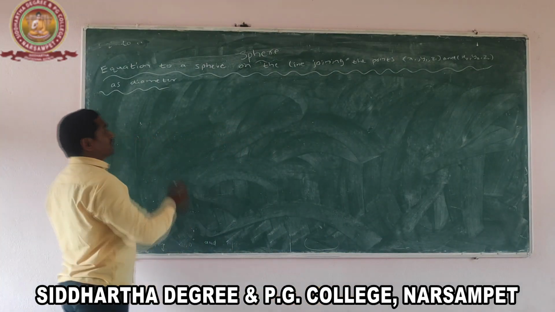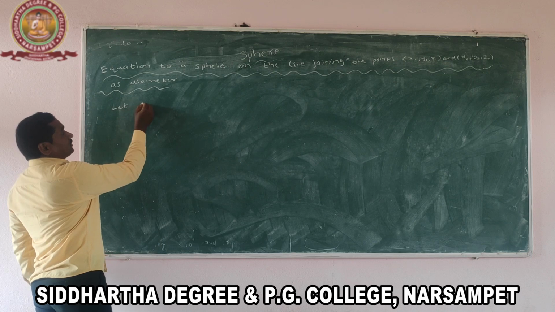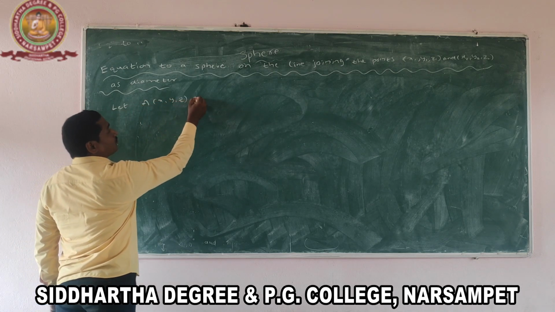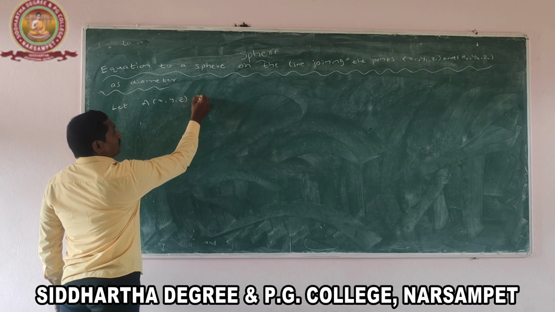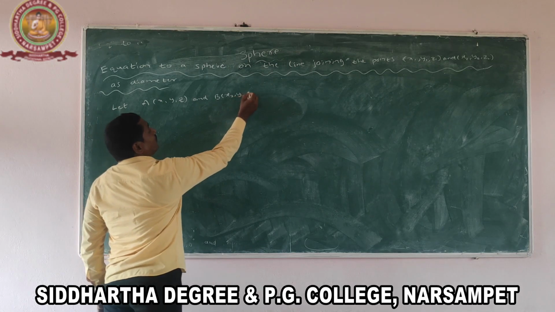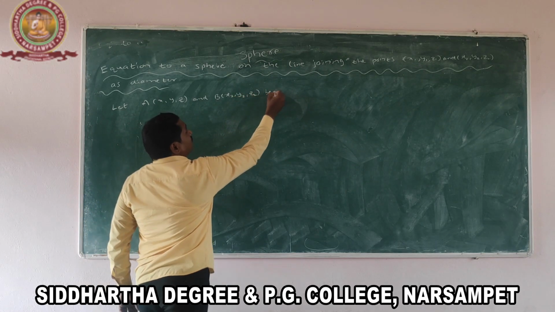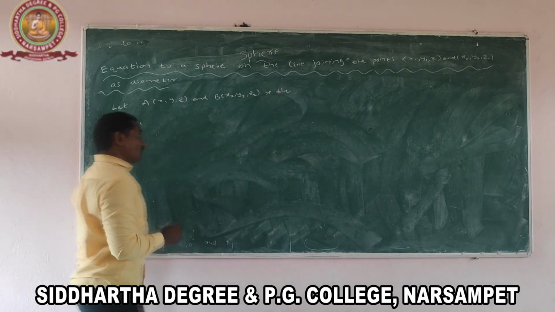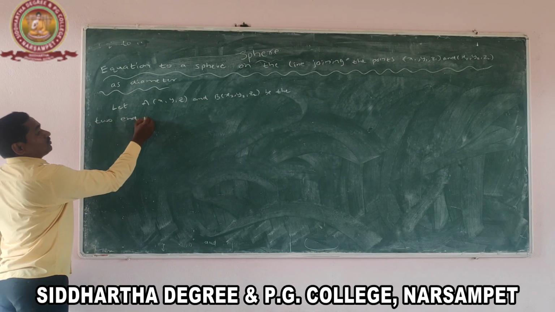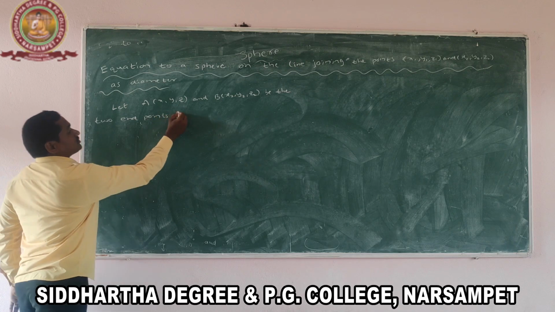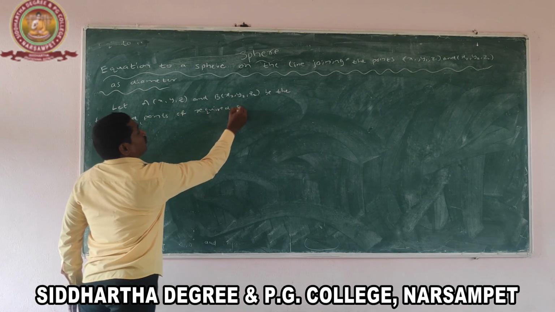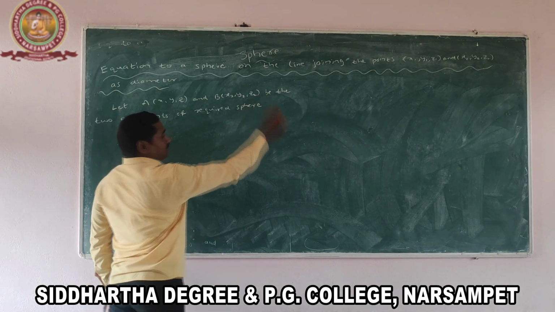So now let us take A as x1, y1, z1 and B as x2, y2, z2. These are two endpoints of the required sphere.